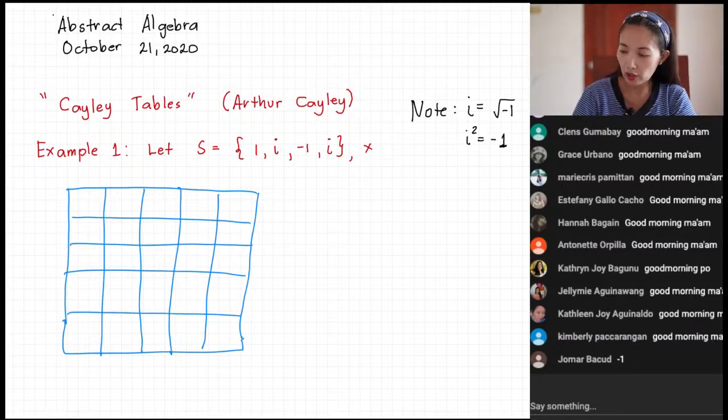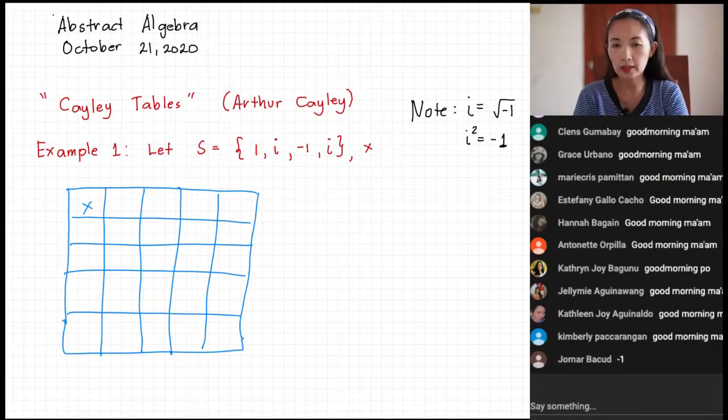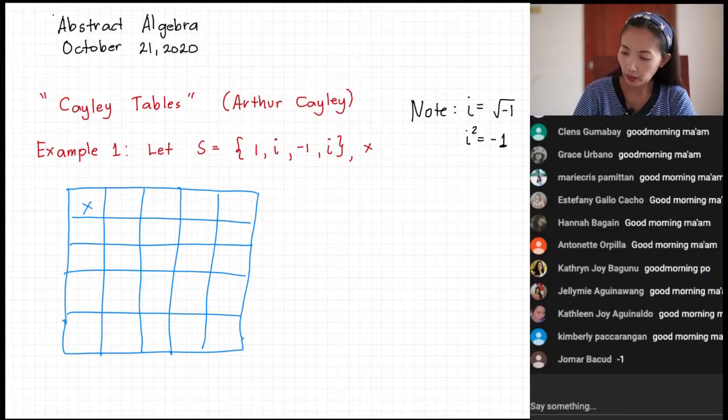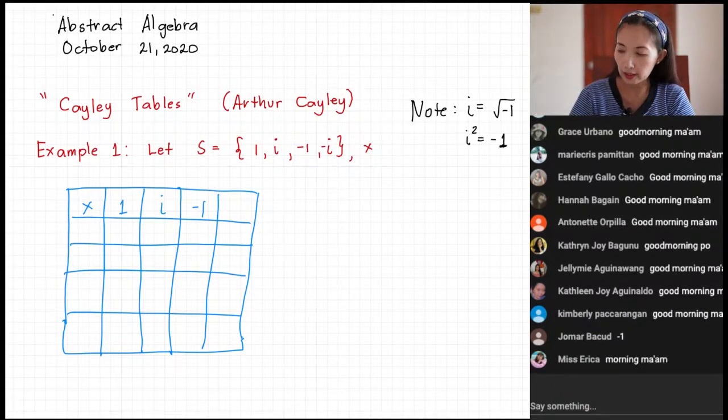And the operation is multiplication. Let's fill out the table. Filling out the table with the results after multiplying every element. 1, i, negative 1, and sorry, this should be negative i. 1 positive, 1 negative.